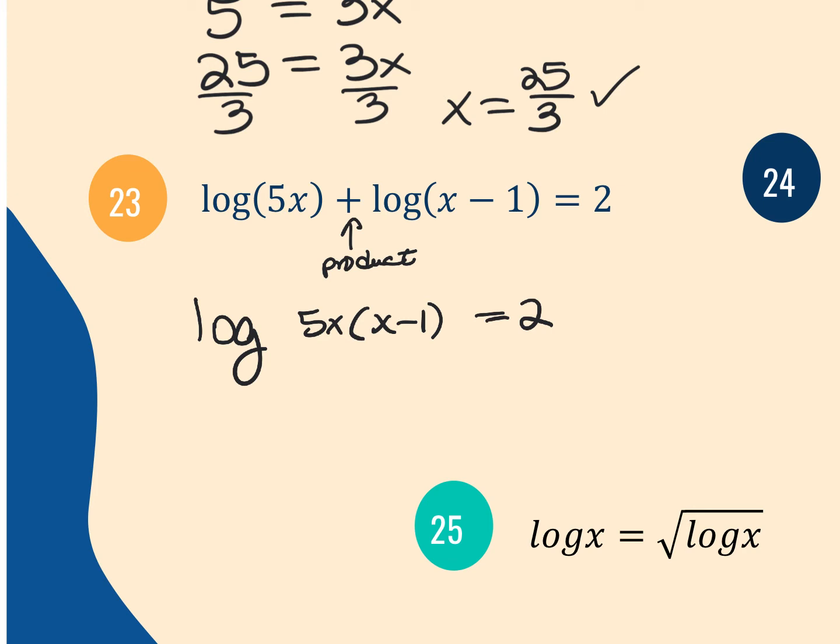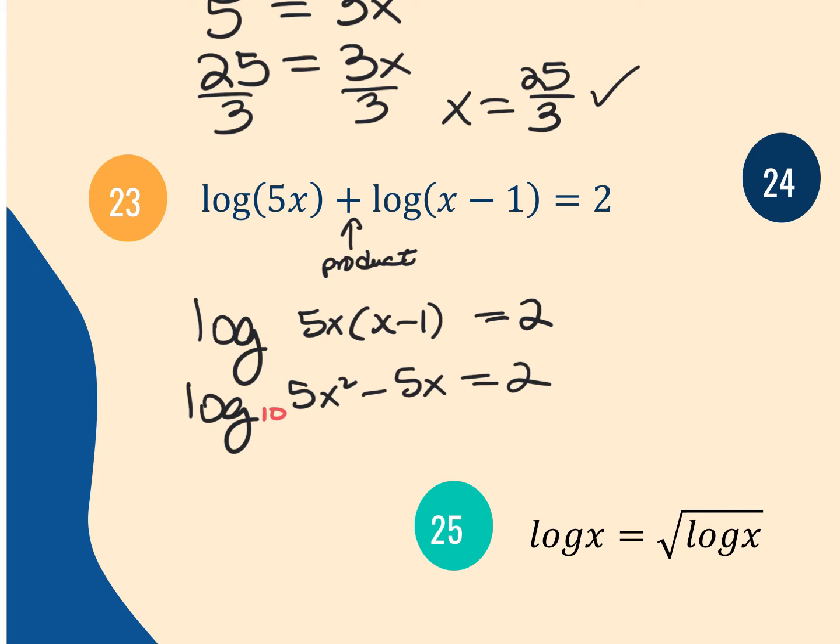I need to distribute the 5x. So this ends up being log 5x squared minus 5x equals 2. Now remember, whenever there's no little base here, it's assumed to be a 10.